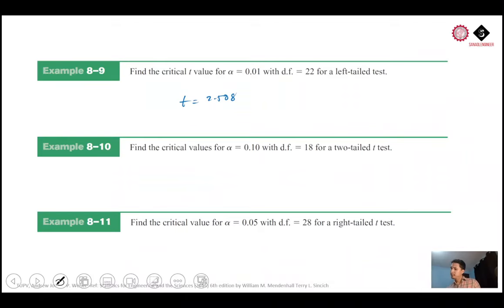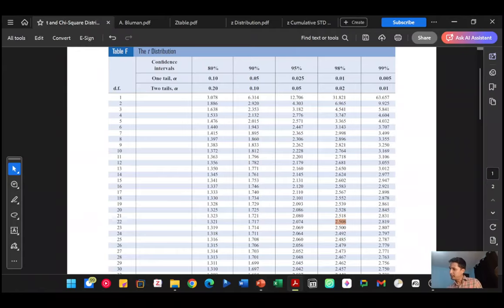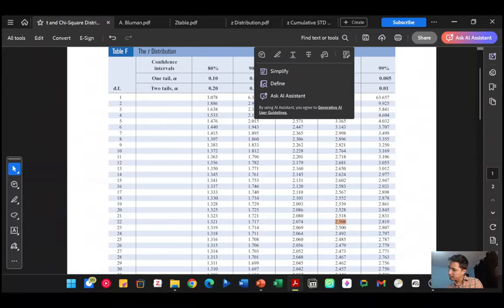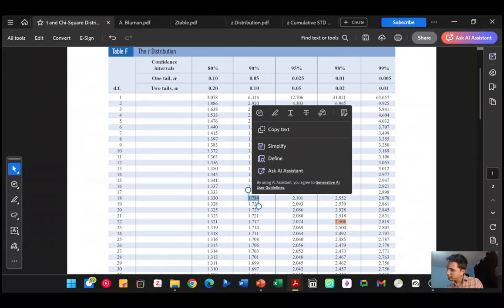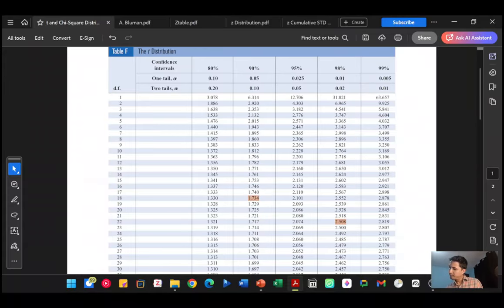Next, the critical values for alpha of 0.1 and df 18 for a two-tailed test. So two-tailed test, 0.1 and 18. This is it, 1.734.